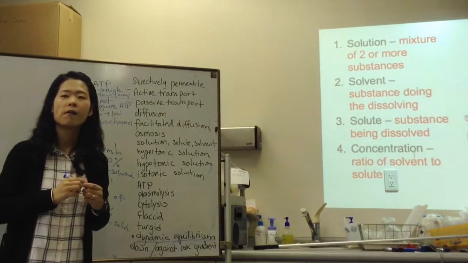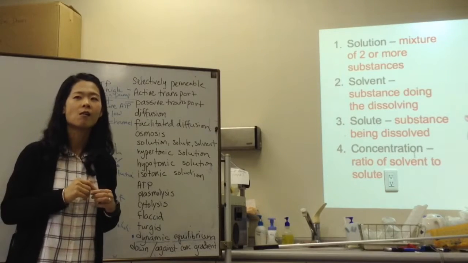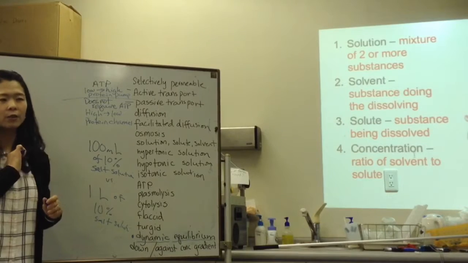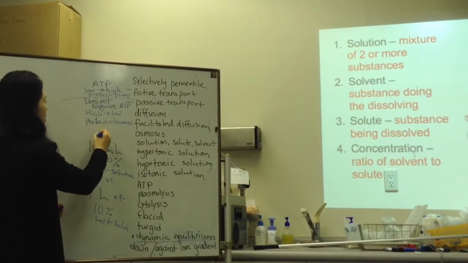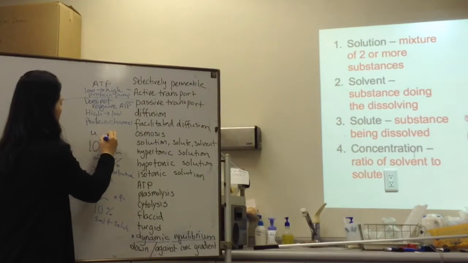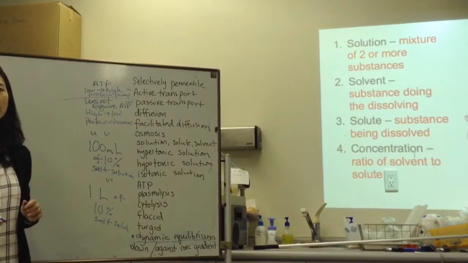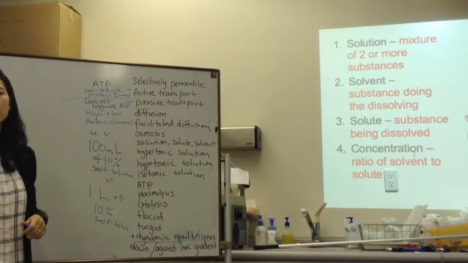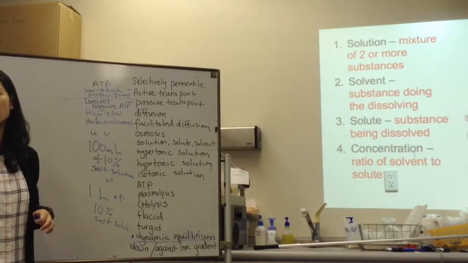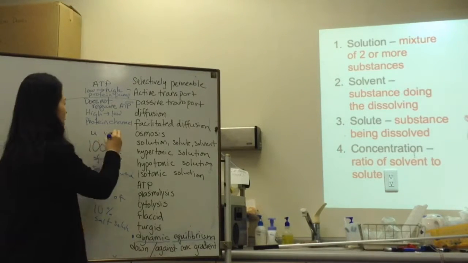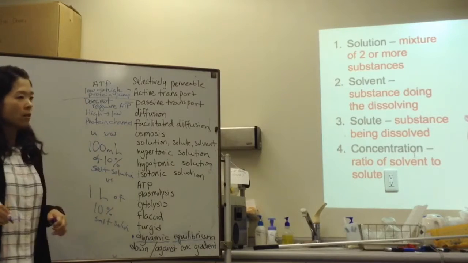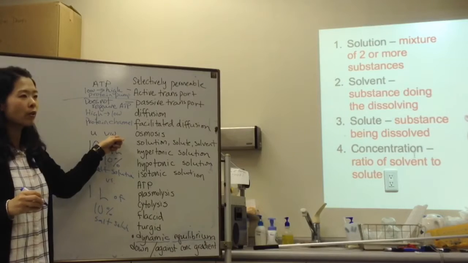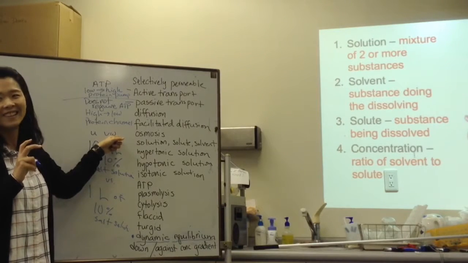I don't know if this will work for you, but what I use is this: I know that solvent is like water, something that's doing the dissolving. And in the order of the alphabet, B and W are closer together.